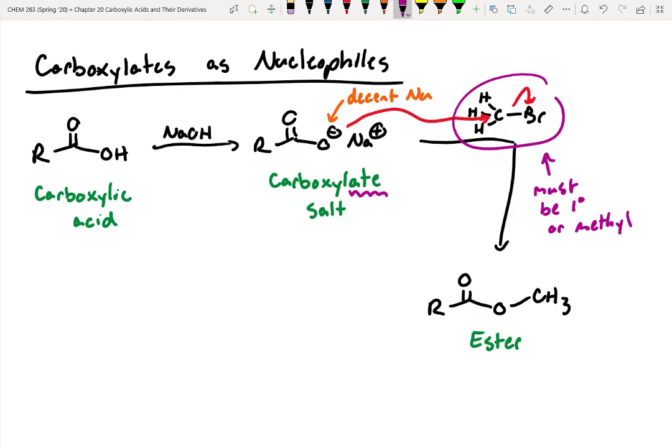Doesn't work well with secondary alkyl halides because, like I said, this isn't the greatest nucleophile, it's just a decent nucleophile. So we need to have a really unhindered electrophile for this SN2 reaction to occur. This isn't a common way for making esters. In fact, I'll show you a method for making esters later that's a lot greener, but this is a valid route for making esters via an SN2 pathway.